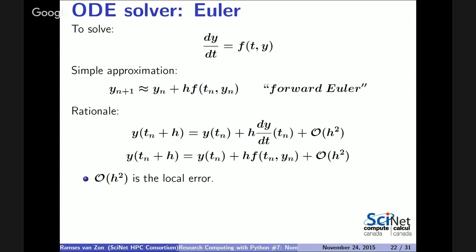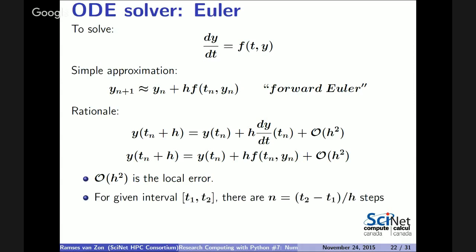So one calls this order h squared. If you're not familiar with the order symbol, it just means something proportional to h squared. So this is called the local error. Local because I'm making it every step. I'm not going to take just one step, because then I only get h far, and I want to get a whole century ahead or something like that.